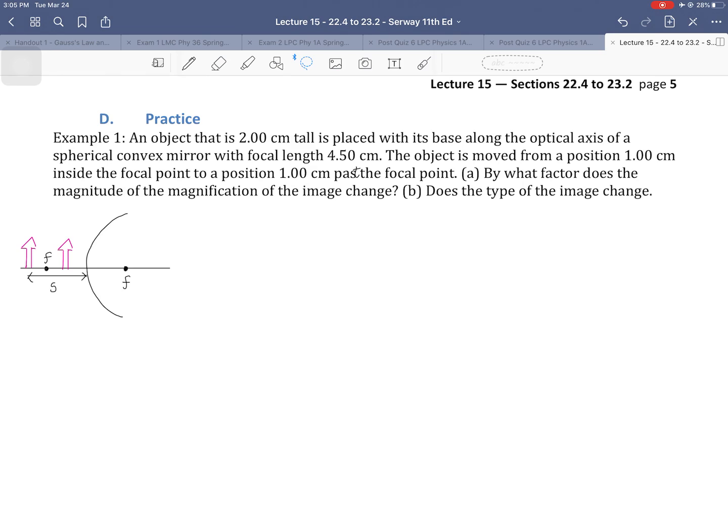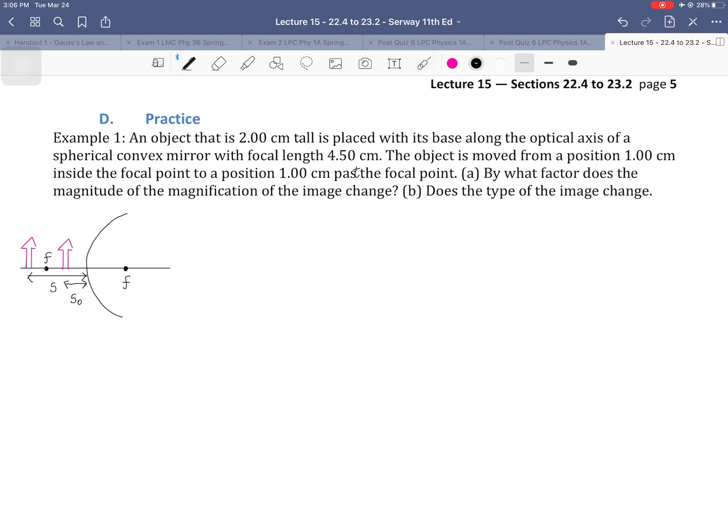This is just our two locations. We'd have S and S naught, where it started and where it ends up. I'll label the shorter one as S naught.